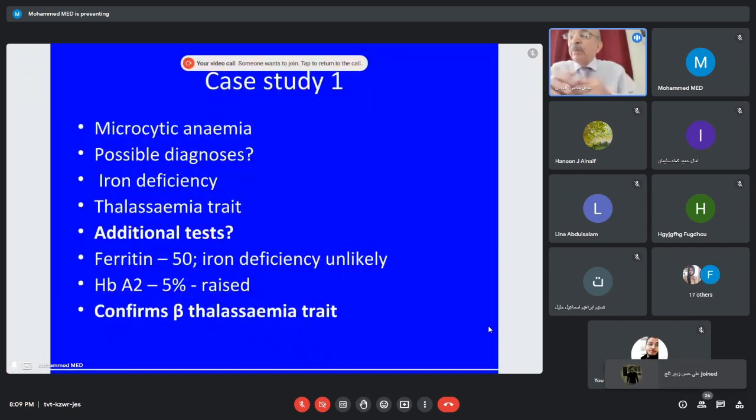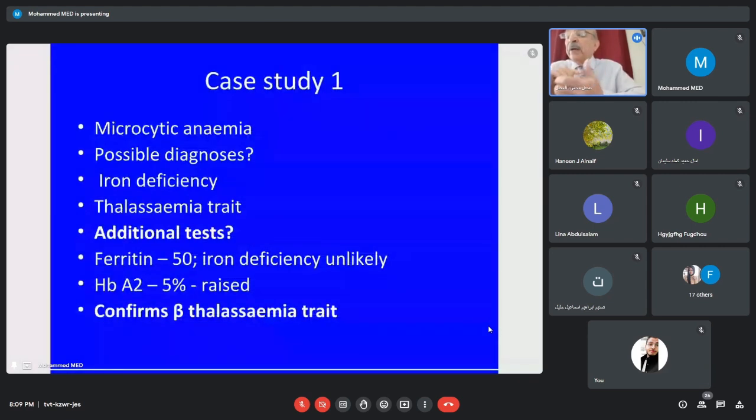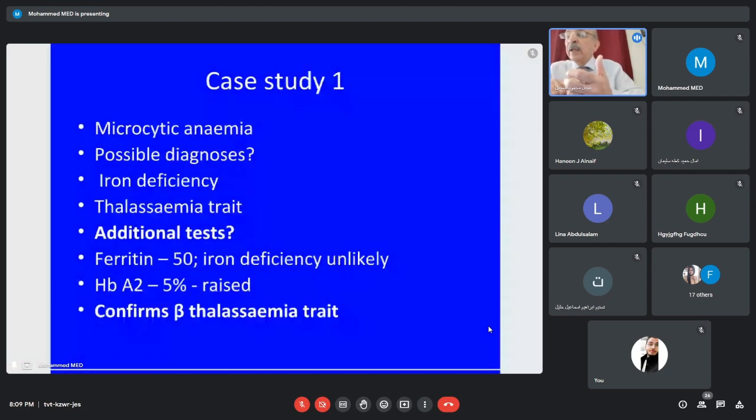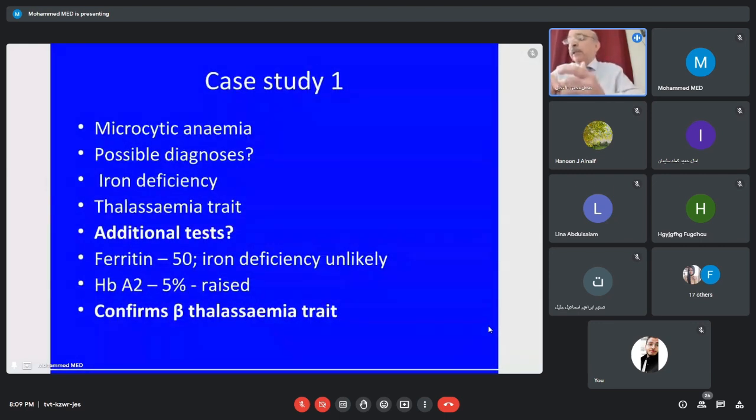And with the shedding of the mucosa, the body will lose some iron. There is additional loss of iron among females, and this is mainly by menstruation, by pregnancy, and by breastfeeding the baby. Okay, all these can deplete iron.